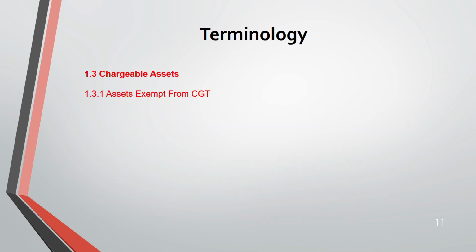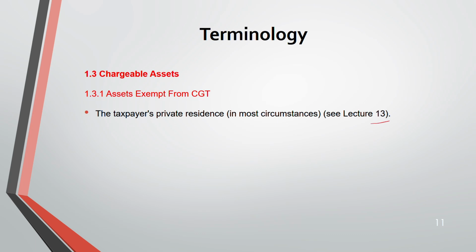Next, we are moving on to assets which are exempt from CGT. Now we are moving to chargeable asset. The taxpayer's private residence is exempt in most circumstances. We'll cover this in lecture 13, the next lecture. Not all residences, only the private residence where the taxpayer is actually staying, because there's a relief known as private residence relief, PRR.